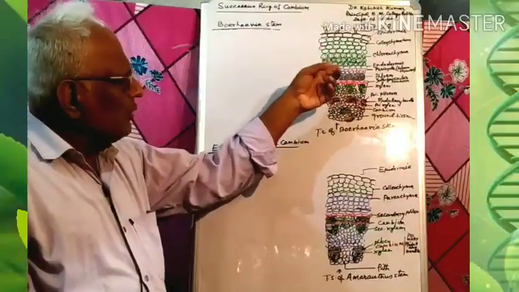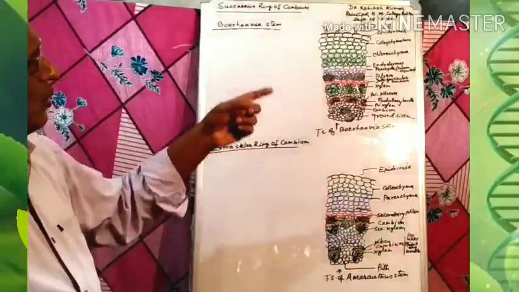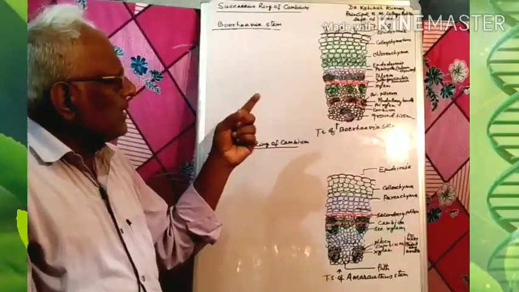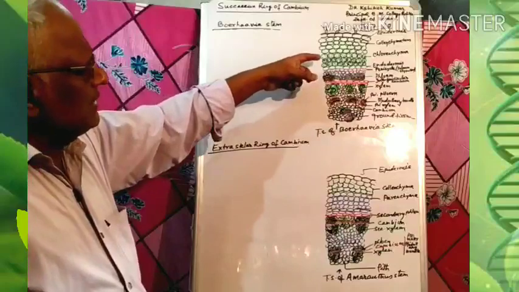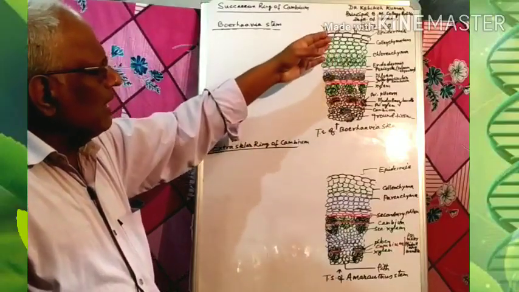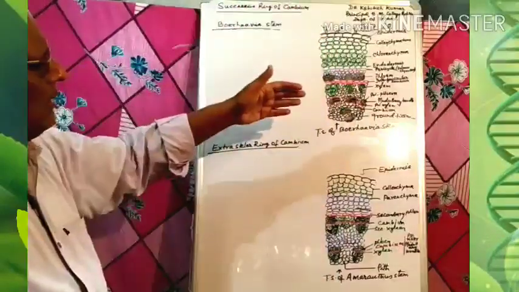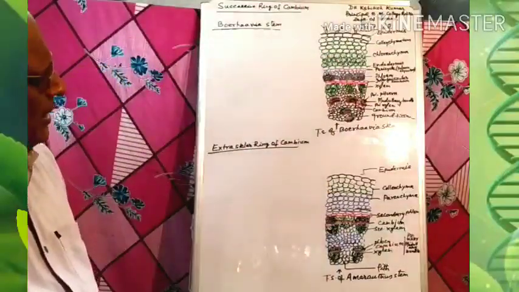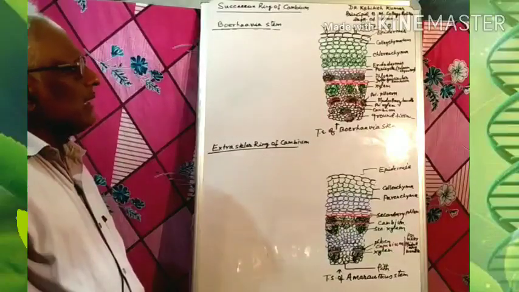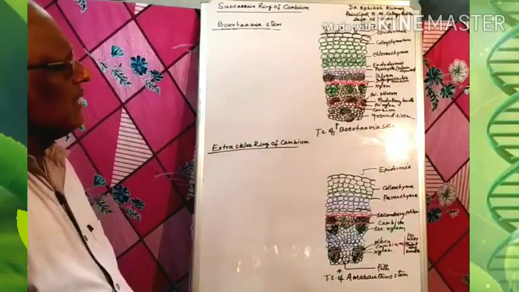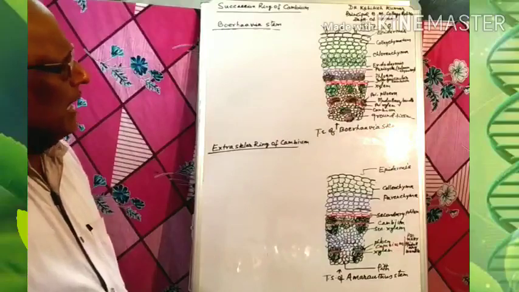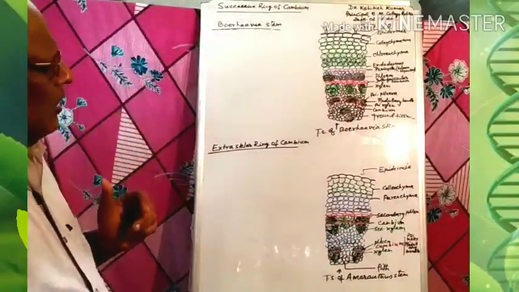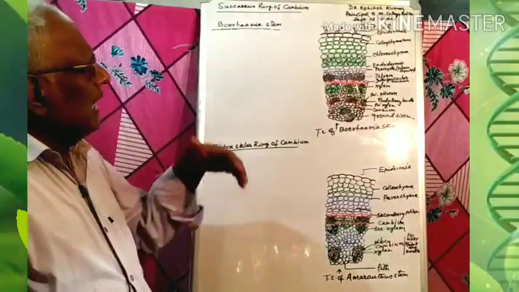The innermost layer of the cortex is chlorenchymatous, means these cells contain chloroplast, with several layers, and in the upper side there are 3 to 4 layers of collenchymatous cells which have cellulose thickenings at the corners.